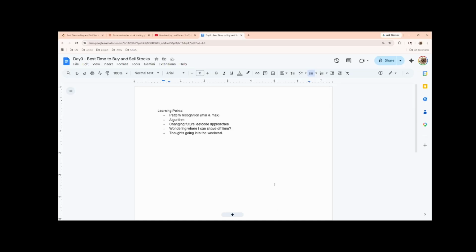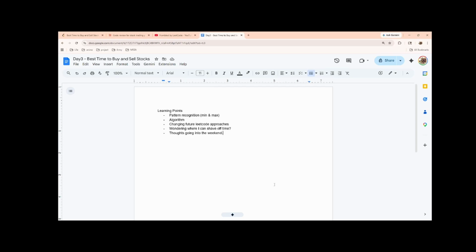I've noticed that I spend so much time thinking and not writing, and even then, the approach that I tried to think of wasn't even a good one. So to shave that time off, I'll need to work on pattern recognition.